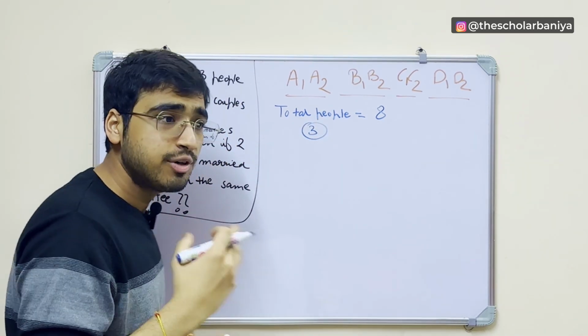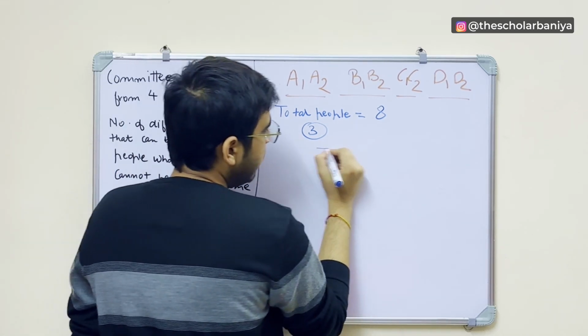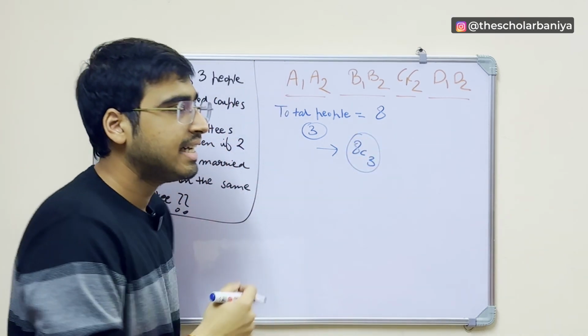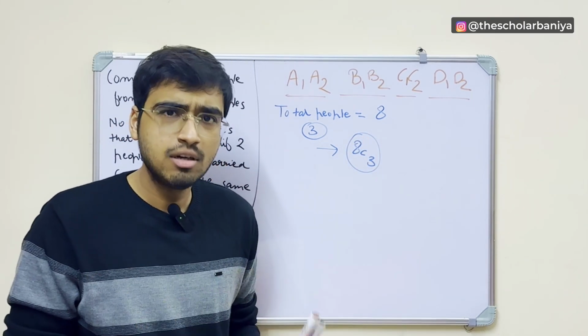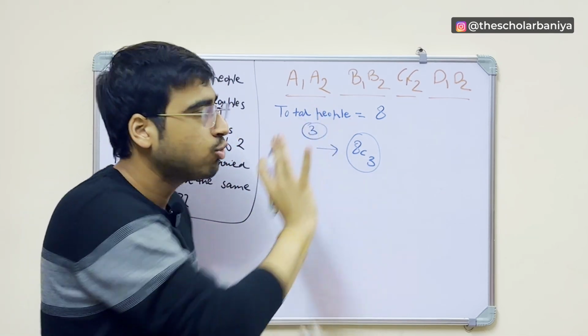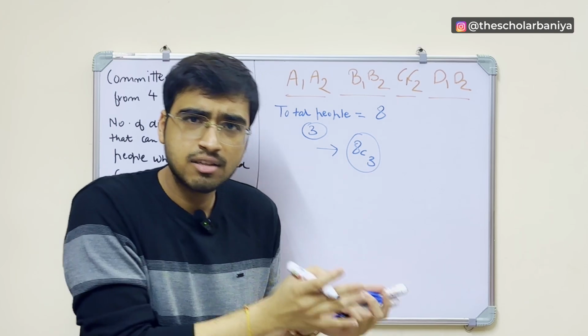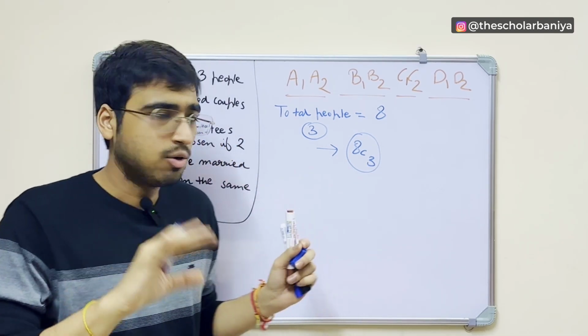So how many different ways are possible of choosing any 3 people? So different ways will be 8C3, right? 8C3 is the total ways possible in which 3 people can be chosen from 8 people. Now it can be, if the couples are together, or if they're not a couple, basically the entire possible scenario, right?